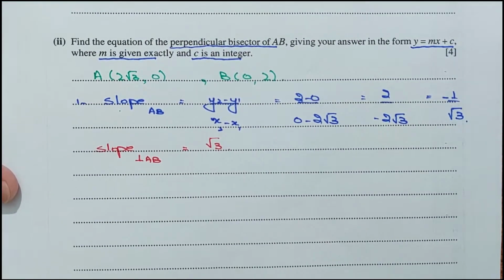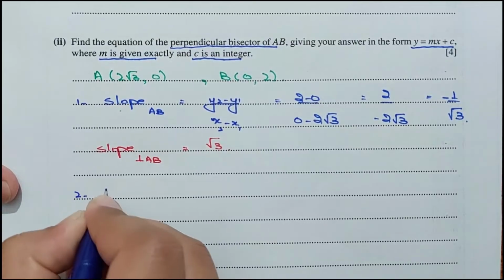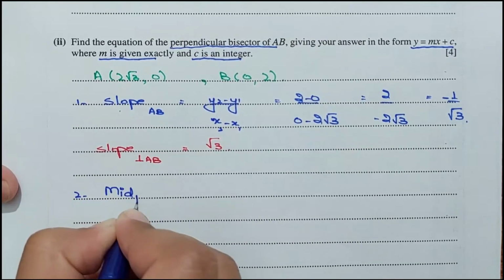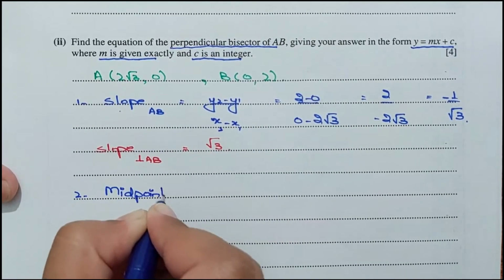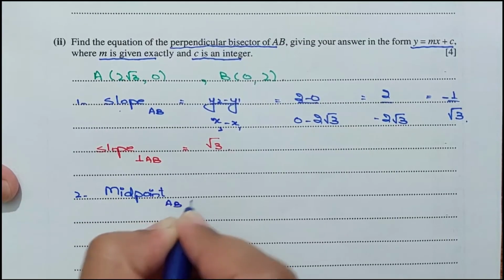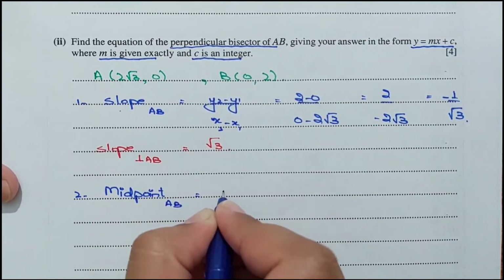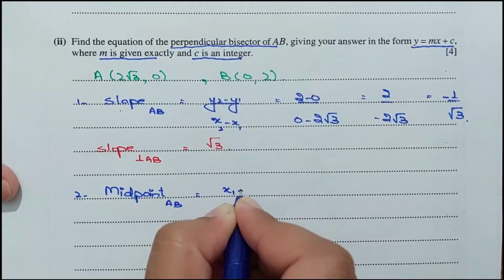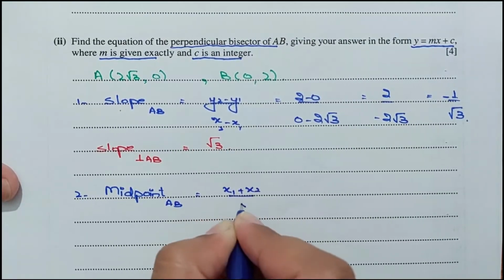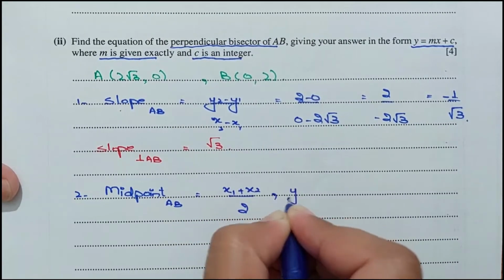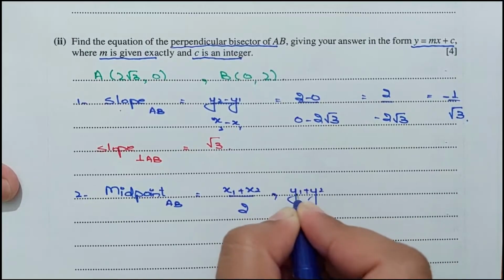The second thing we need is the midpoint of AB. The midpoint formula adds the x components, x1 plus x2, divided by 2, and the y components, y1 plus y2, divided by 2.